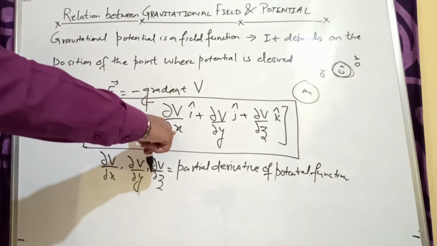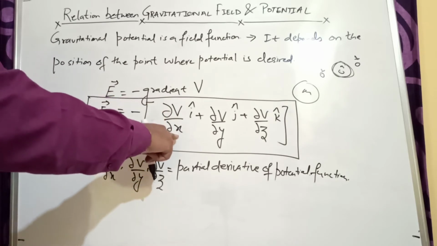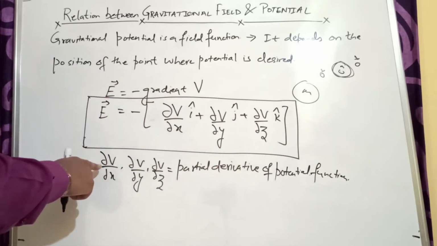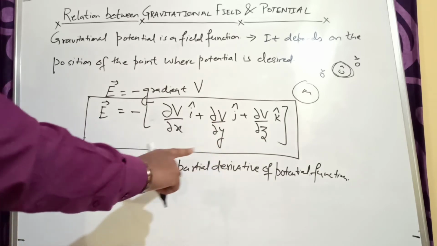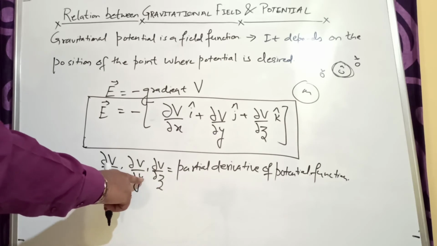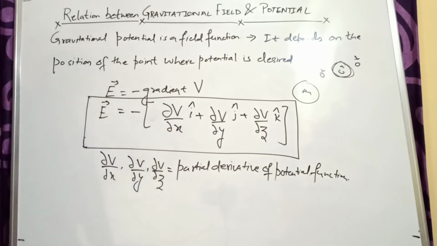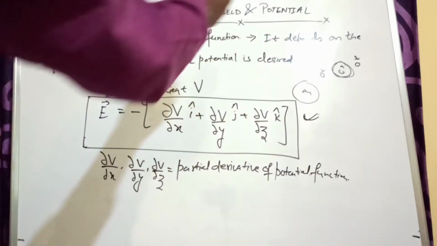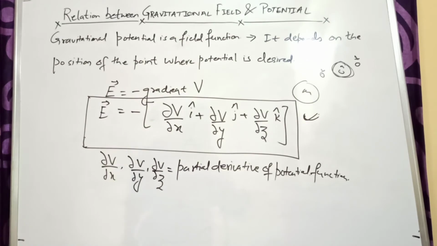This is the partial derivative of potential V, and when we are writing x, y and z, it means this del V by del x is the partial derivative of the potential function with respect to x. Del V by del y means with respect to y, and del V by del z means with respect to z. Clear? So this is the equation which gives the relation between these two terms, gravitational field and gravitational potential.